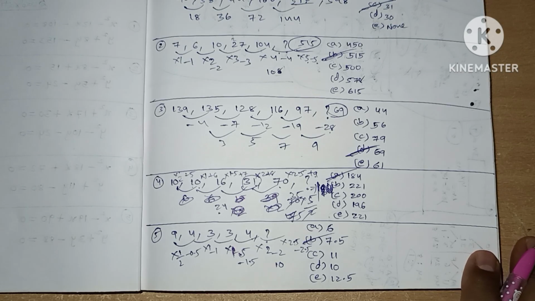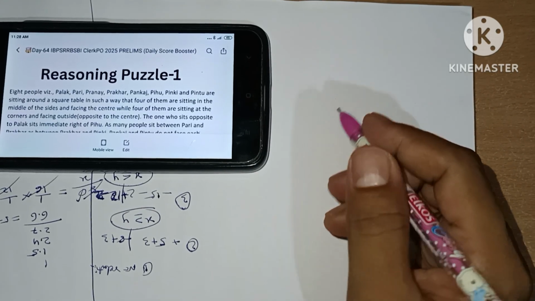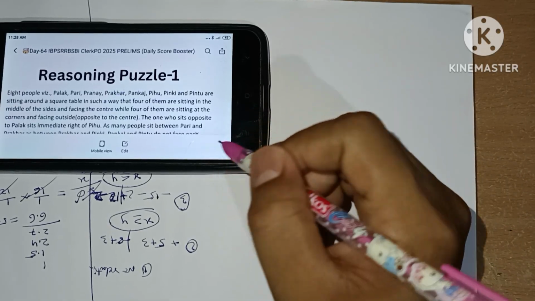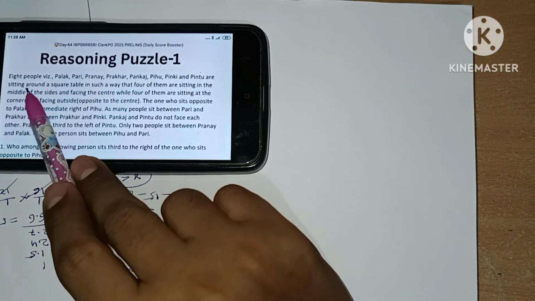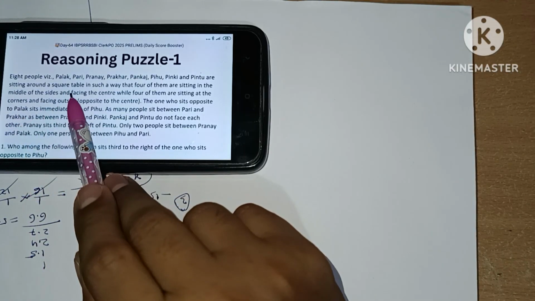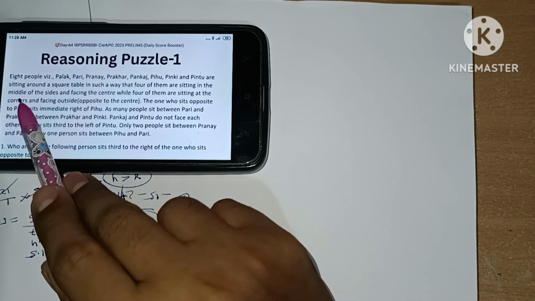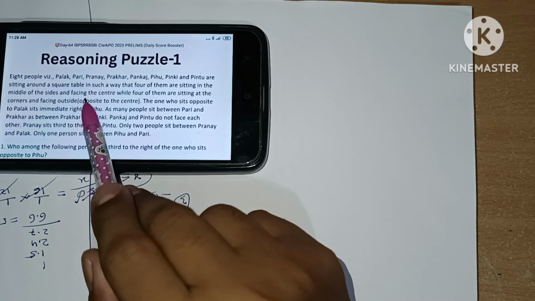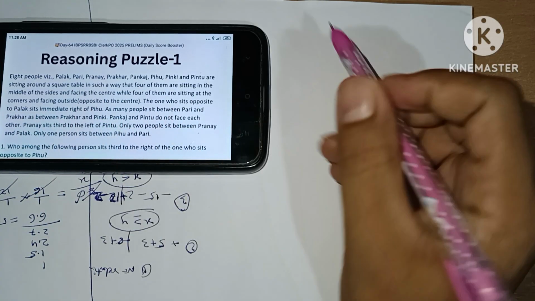Now we are going to see. So speed math concepts of quant is completed. Now we are going with reasoning, starting with puzzle 1. 8 persons are sitting around a square table in such a way that 4 of them are sitting in the middle of the sides and facing the center, while 4 of them are sitting at the corners and facing outside.